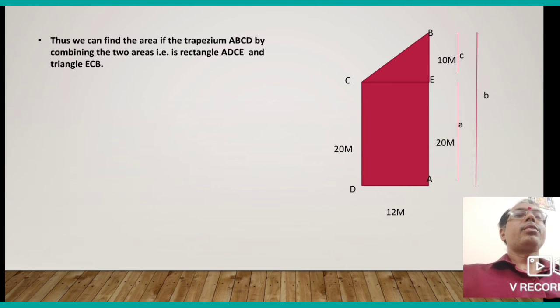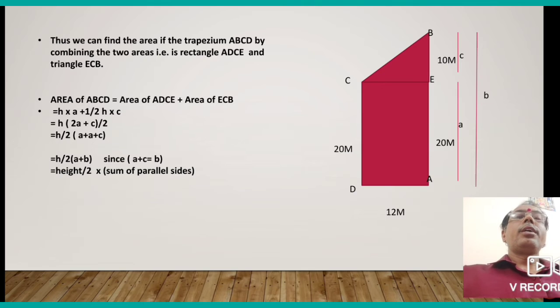Thus we can find the area of the trapezium ABCD by combining the two areas as shown in the figure. The rectangle is ADCE and the triangle is ECB. Now area of ABCD equals area of ADCE plus area of ECB.